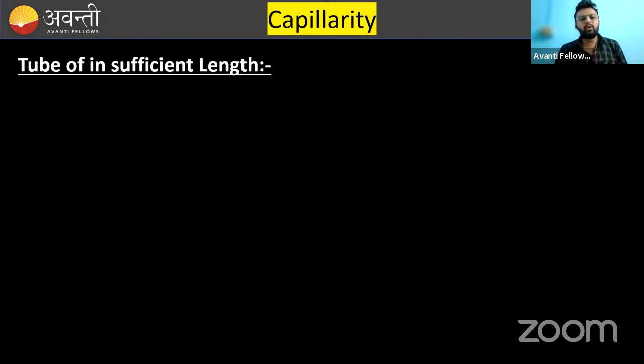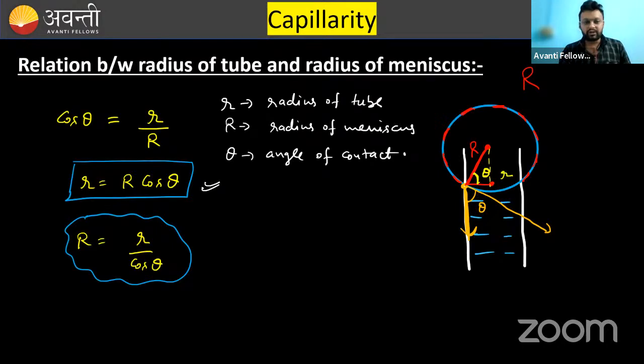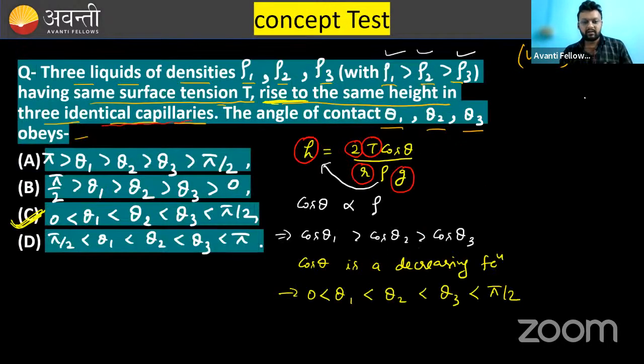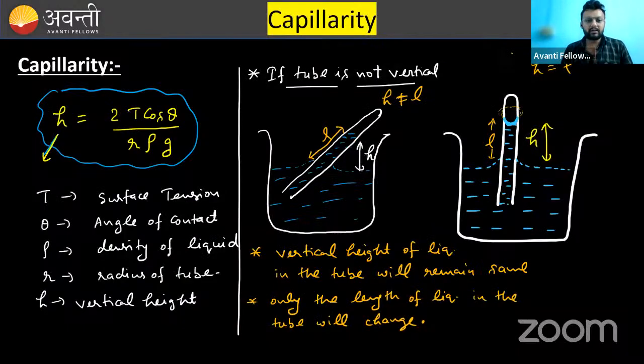Now the situation is a tube of insufficient length. This is again an important question. Mostly questions come from it. Tube of insufficient length. What if, from the calculation of this formula, you have calculated that the height of the rise is 10 centimeter, but the length of the tube is just 7 centimeter or 8 centimeter?